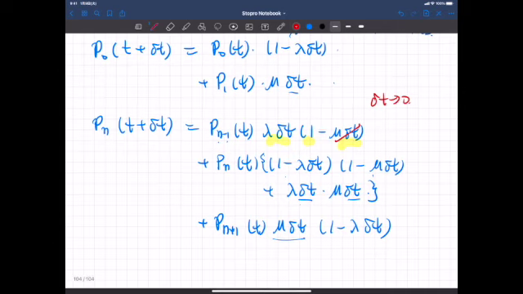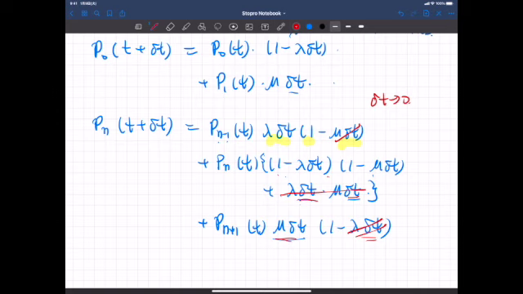And similar here, this is delta t squared, so we can ignore this term. If we expand this, there will be one term involving delta t squared, and that will be ignored also. And for this one, this times this will involve delta t squared, so we can ignore this term.